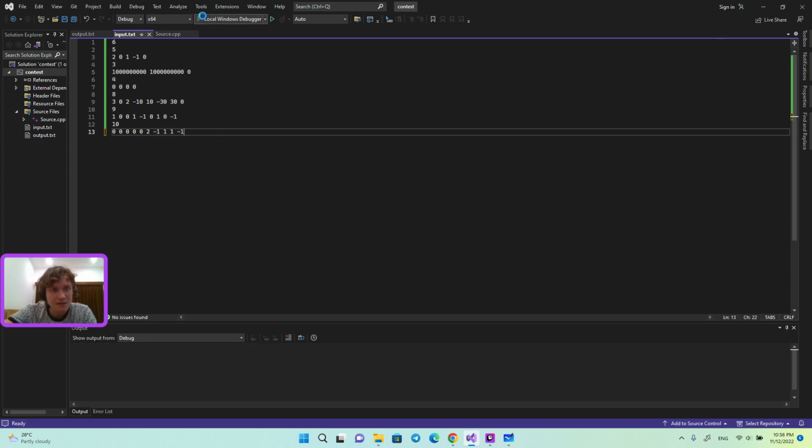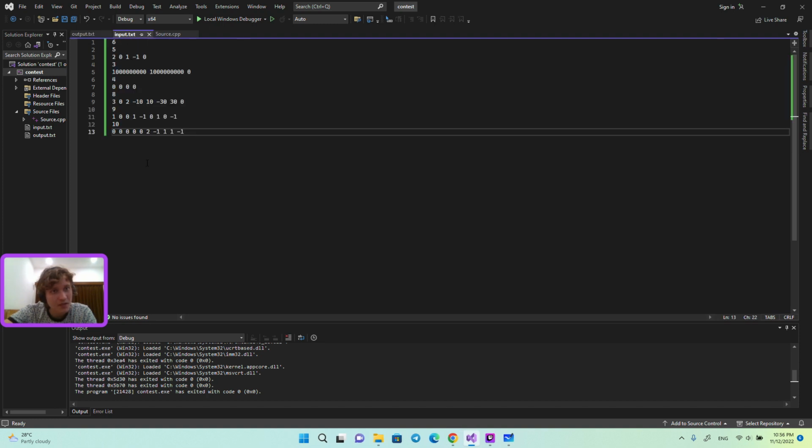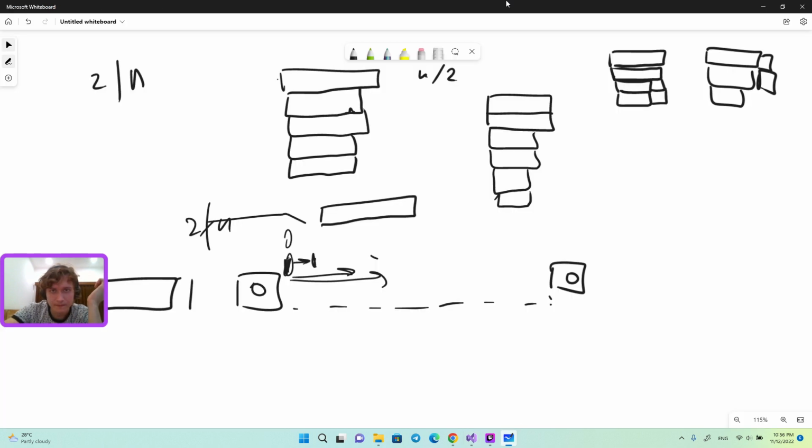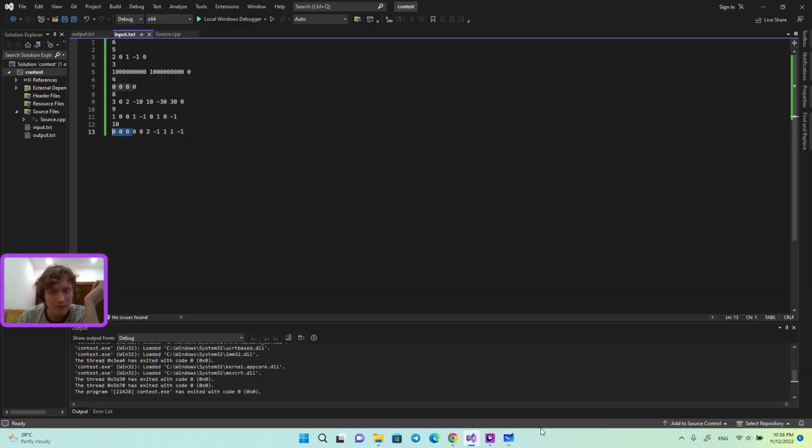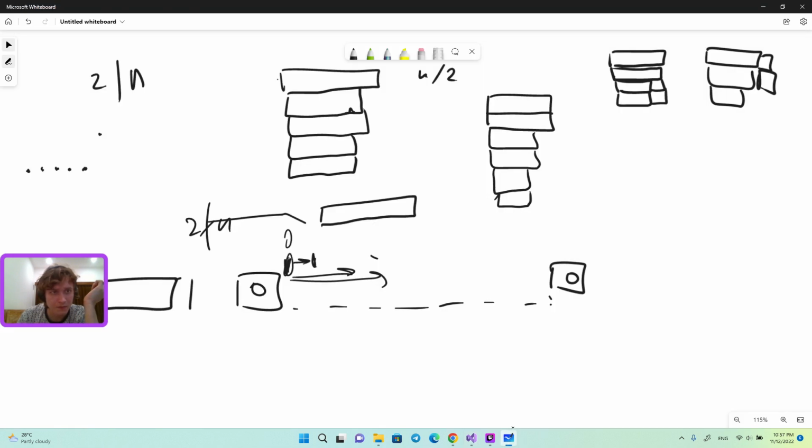For example, this case we have a 7, but how do we get 7? Yes, because it is 0, 0, 0, 0, 0, then 2, 1, 2, 3, 2. Correct? So yes, it should be 7, because I say that this might be -2 and this all jumps by -2.